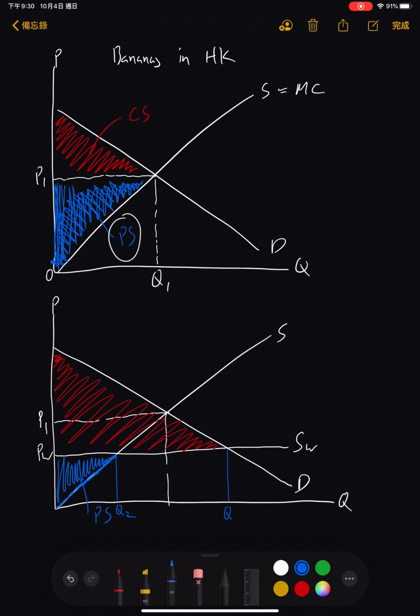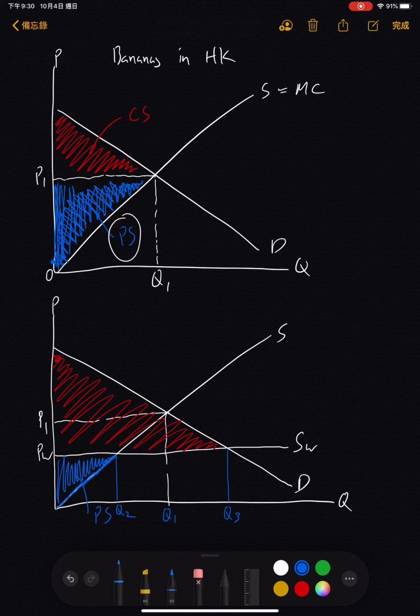Because when they were just trading domestically, they would be trading at Q1 right here. But now they're increasing their consumption from Q1 to Q3. So you will see a huge increase in CS after they have opened up to international trade.